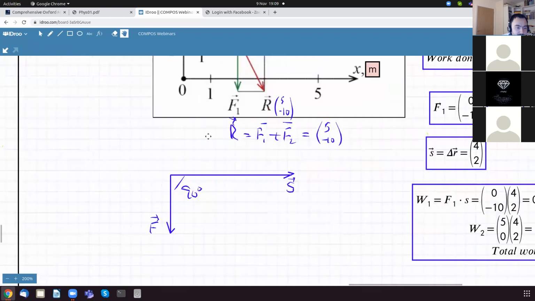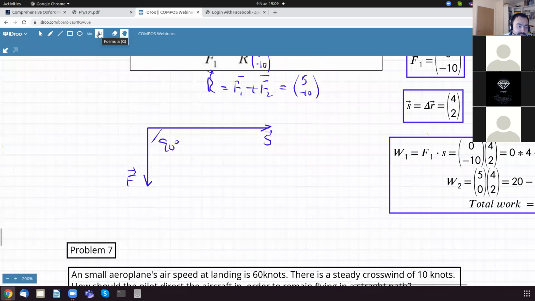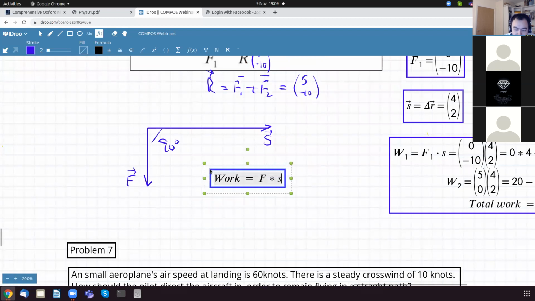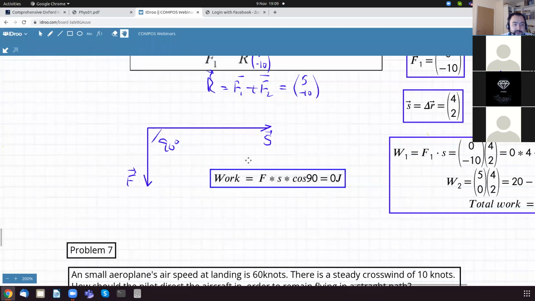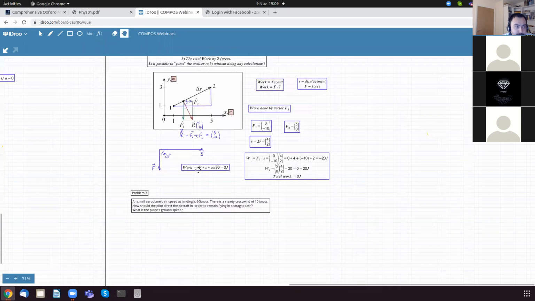The work done is force times displacement times cosine 90, which is 0 joules.